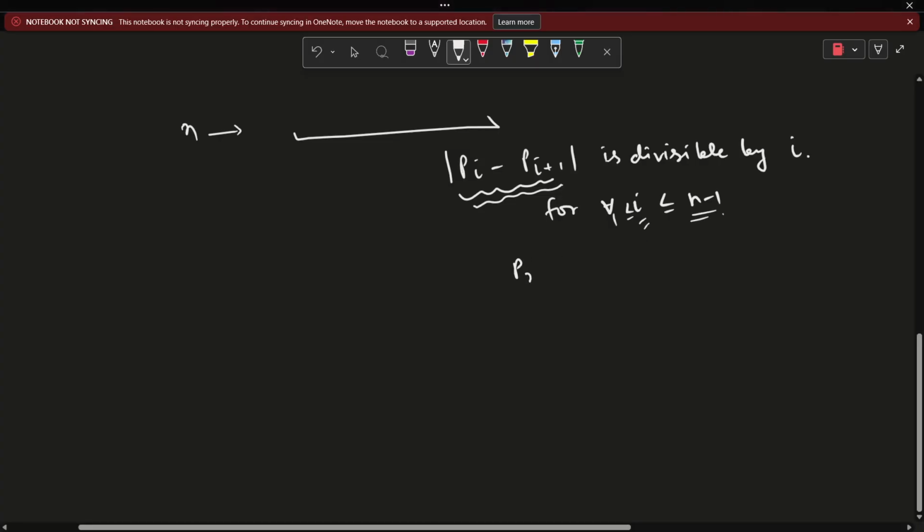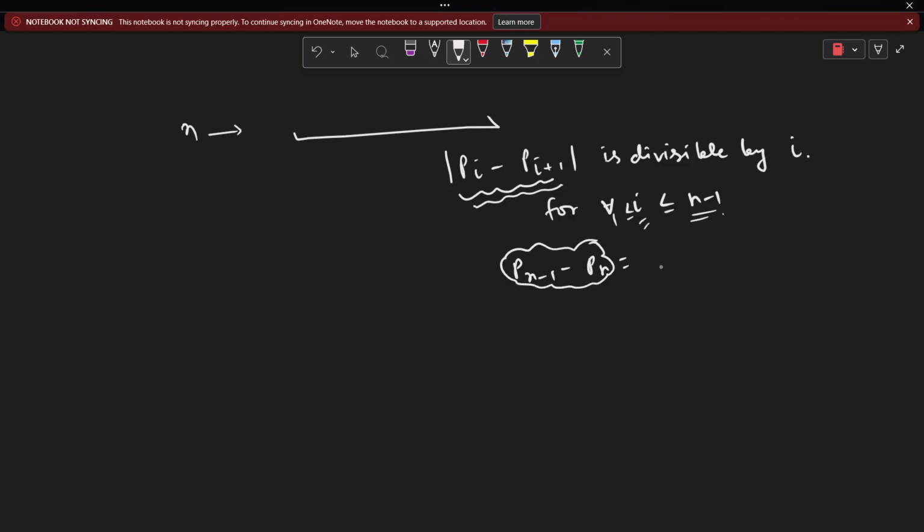So for p of n minus 1 minus p of n, this difference has to be equal to n minus 1, because the maximum difference between any two elements in a permutation can be n minus 1, and for the difference to be a multiple of n minus 1, it has to be exactly n minus 1.